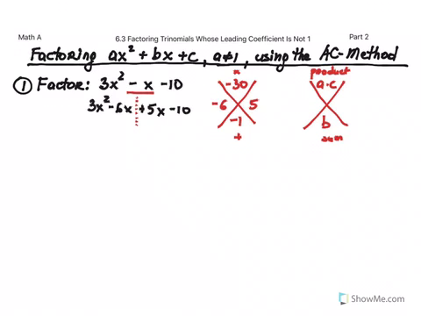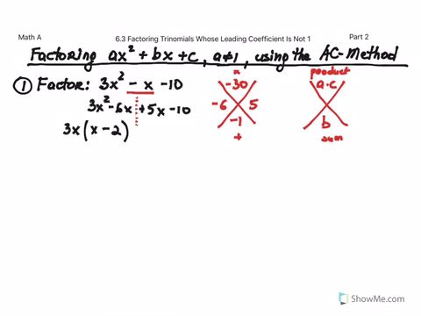I will divide this polynomial into two parts with two terms in each. What is the greatest common factor between the first two terms, 3x squared and negative 6x? Factor out that GCF. Factoring out 3x leaves me with a remaining factor of x minus 2.